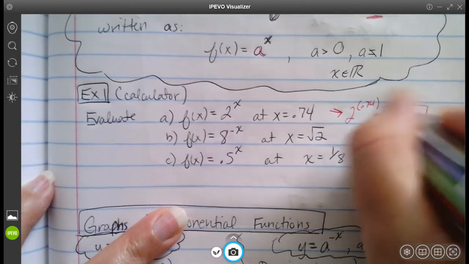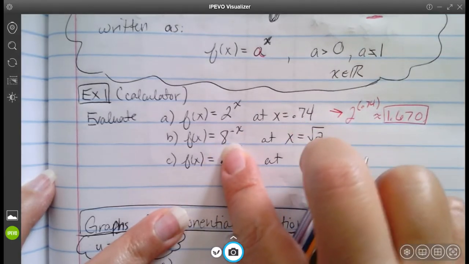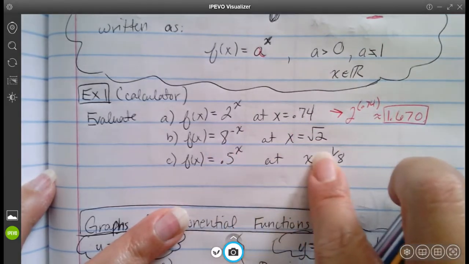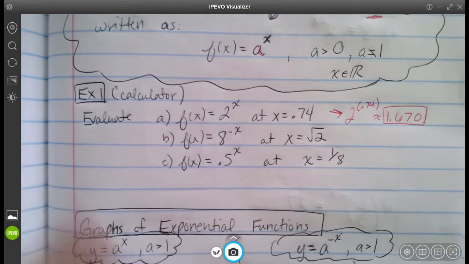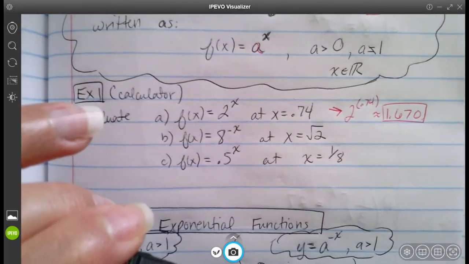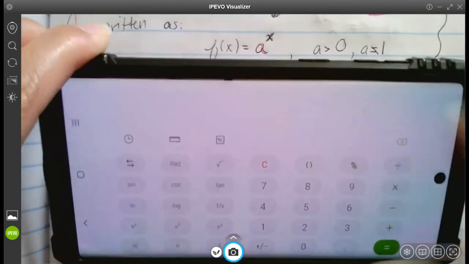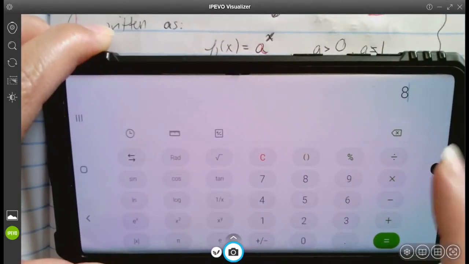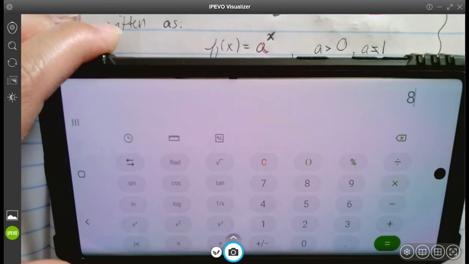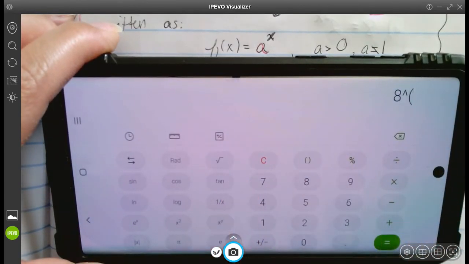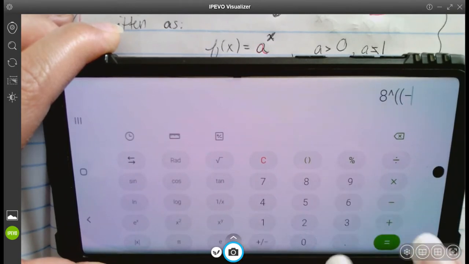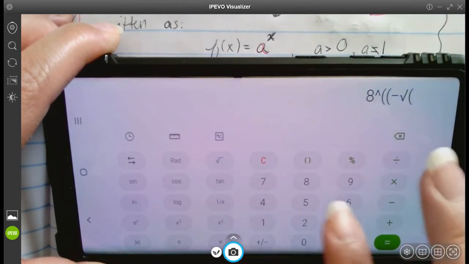This one's a little bit more confusing, maybe because it has a square root, but it's the same deal. So we have a base of 8 to the power of, and this part is negative, so make sure you put that negative in front. So negative and then the square root of 2.